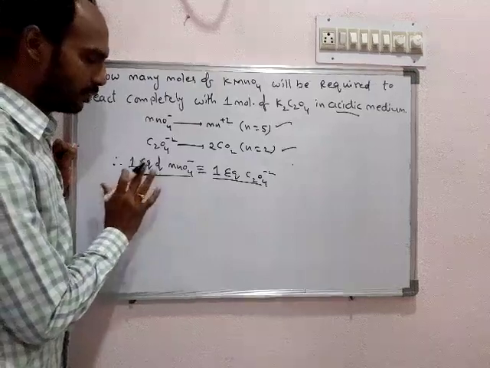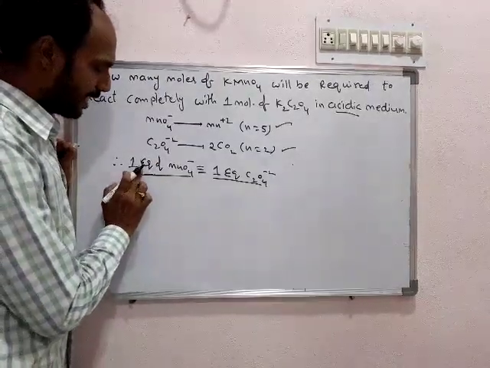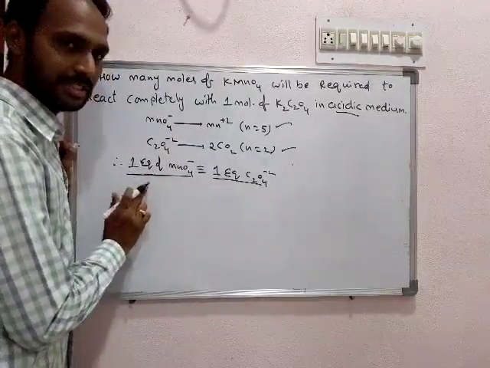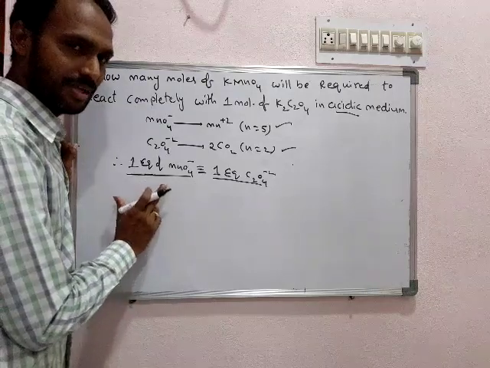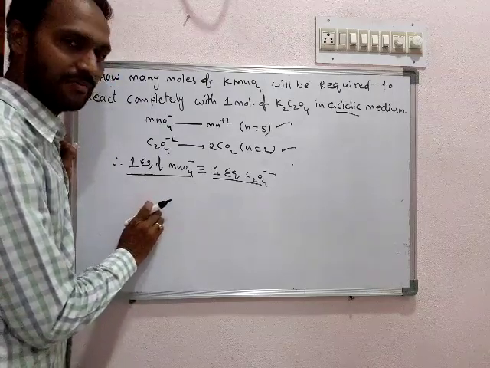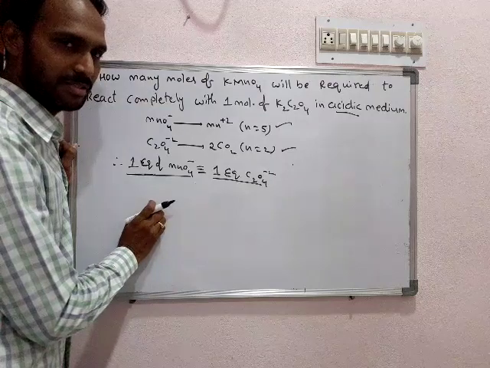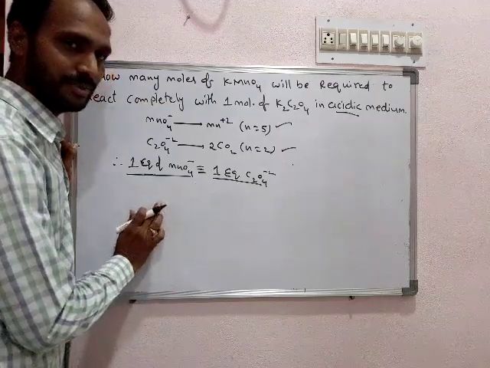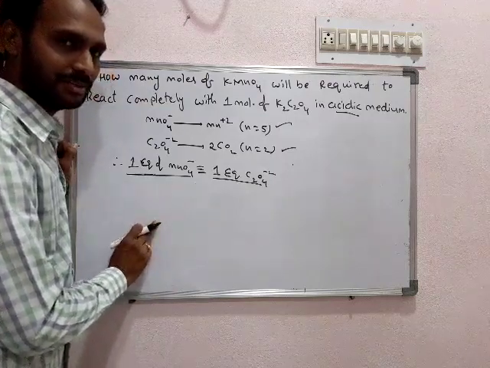So if you write the total term for number of equivalents, equivalents means weight by gram equivalent weight, nothing but weight by molecular weight by n factor.